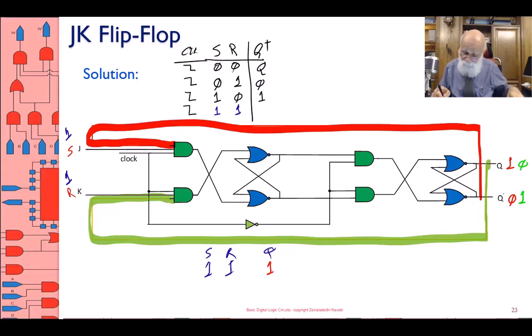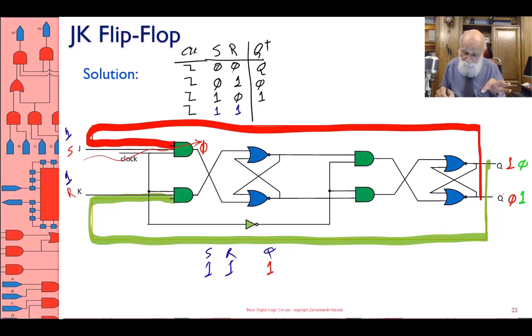What happens is the red line that feeds back into the S gate prevents the 1 on S from propagating through this gate here, and therefore, even though I have a 1 on S, internally I have a 0 on this internal S because of that red line being 0.